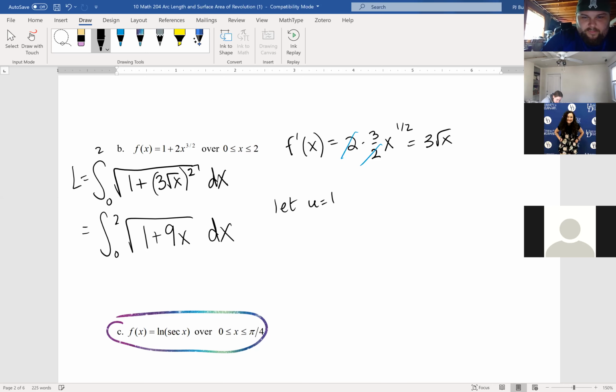I let u equal 1 plus 9x. du is 9 dx, which means I need to put a 9 in here and a 1/9 out front. And then this is the square root of u, or u to the 1/2 power, du.